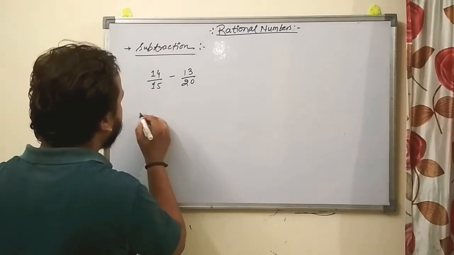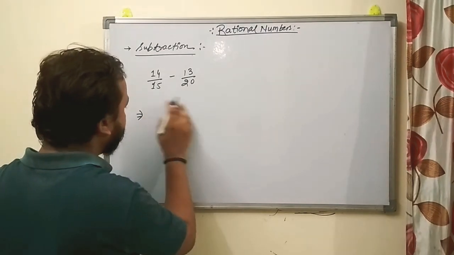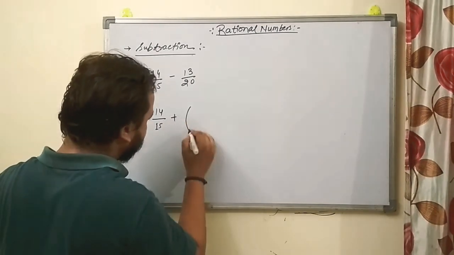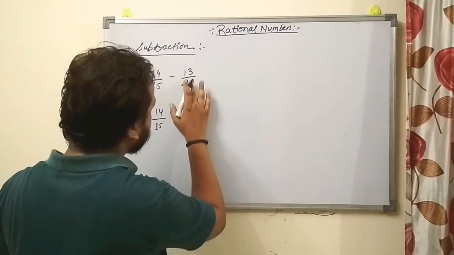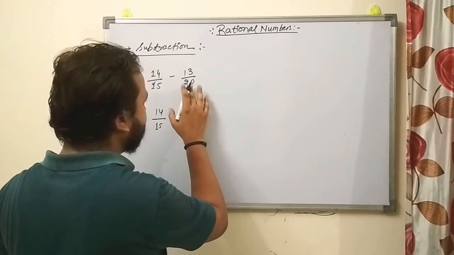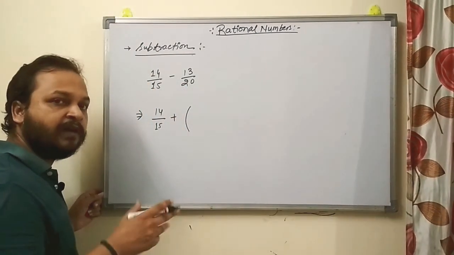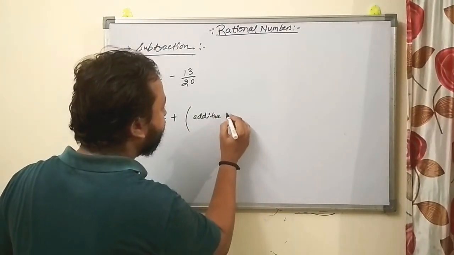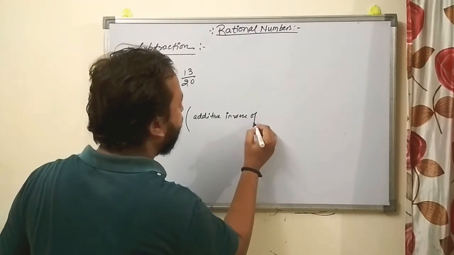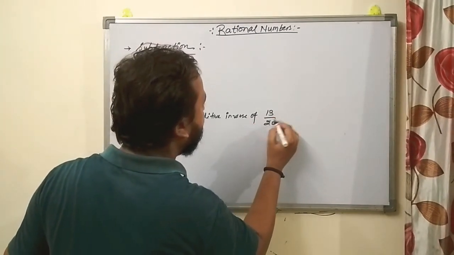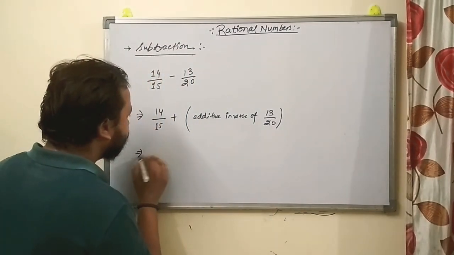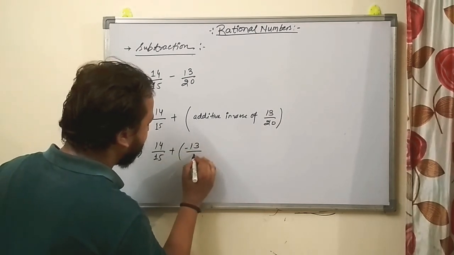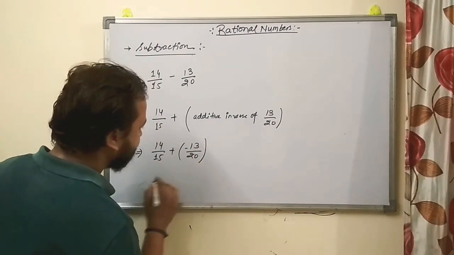So first you have to convert it into a positive statement, means write 14 by 15 plus, and this becomes minus 13 by 20, right? And minus 13 by 20 is the additive inverse of 13 by 20. So write it as additive inverse of 13 by 20, right? So 14 by 15 plus minus 13 by 20.